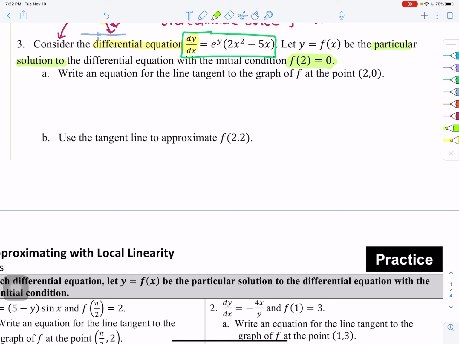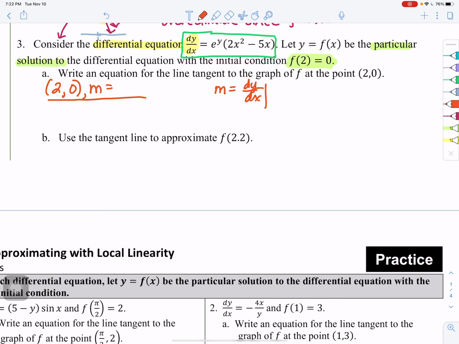So in this case, we want the equation of the tangent line at the point (2, 0). So we have a point, but we need a slope. In calculus, in order to find the slope, it's just the derivative.